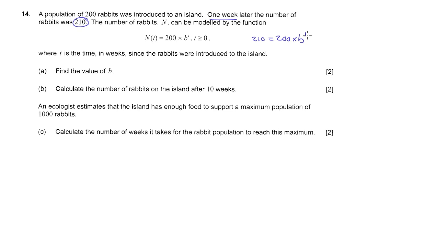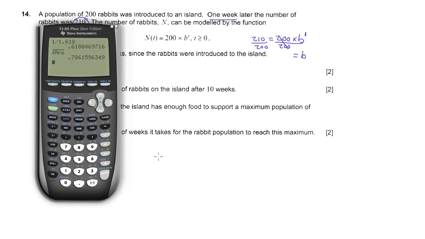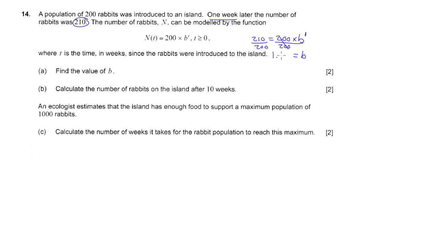So b to the first is just plain old b, so all we need to do is divide both sides by 200, and that will tell us what our b equals. So we take 210 divided by 200, and we get that our b is 1.05. That's our growth rate, right? So that means it's growing by 5% every week.